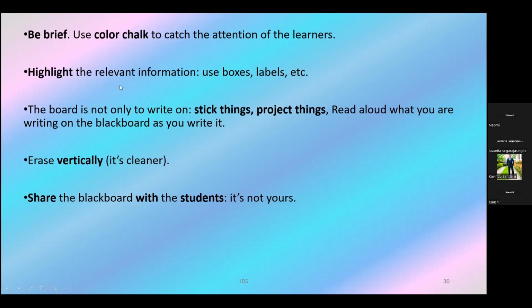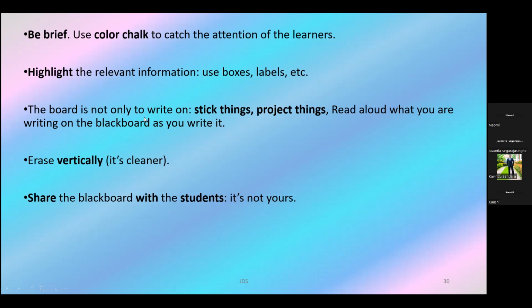Highlight relevant information using asterisk or maybe underlining or using a circle or box by labeling them, right? So using different color chalks and different ways to highlight the information, definitely what is written there on the board will make more sense to the learner.